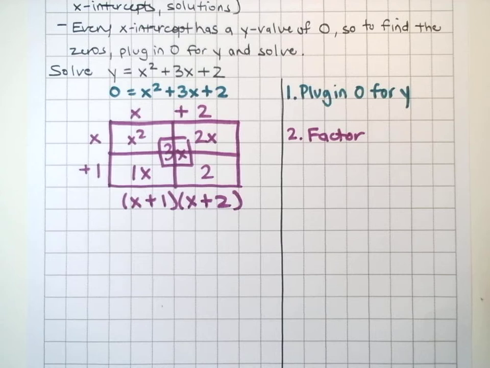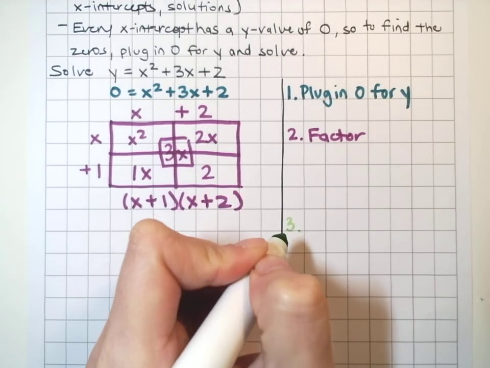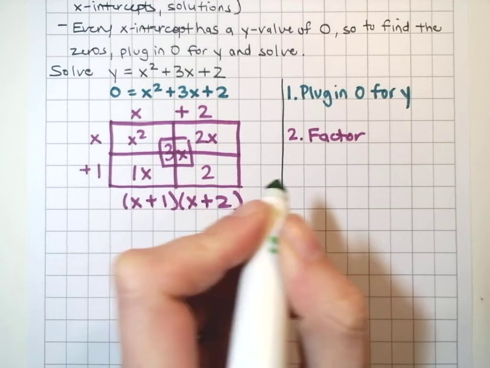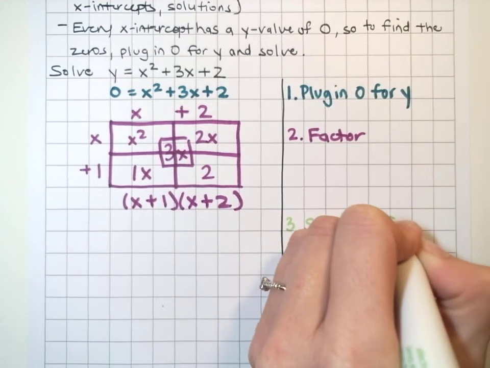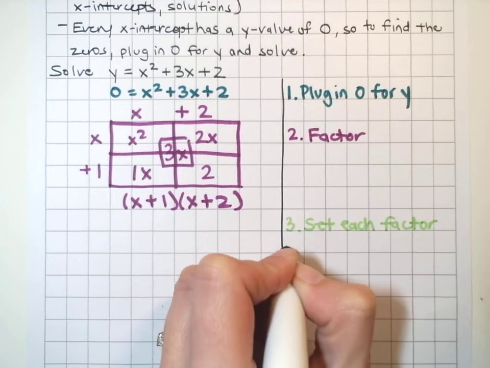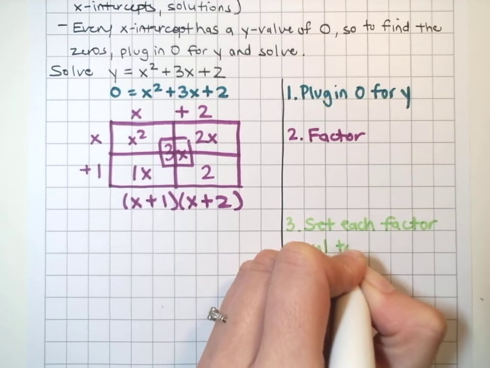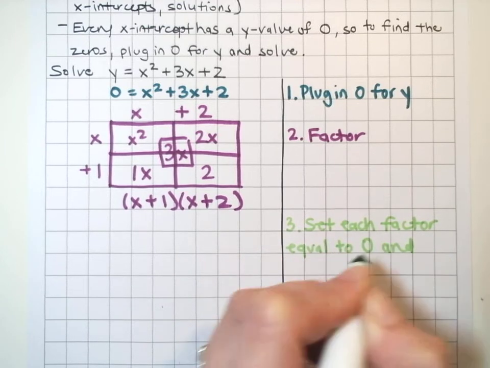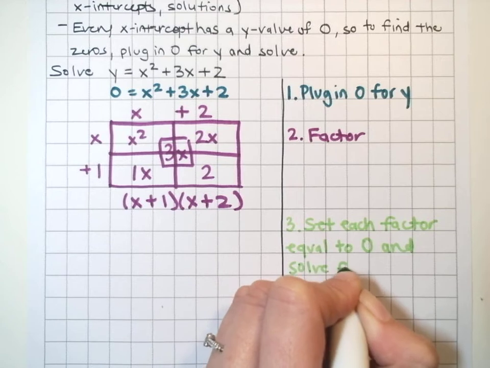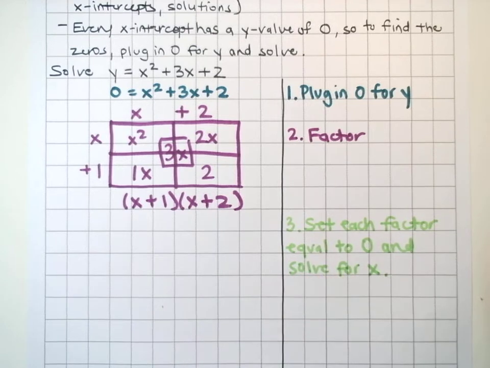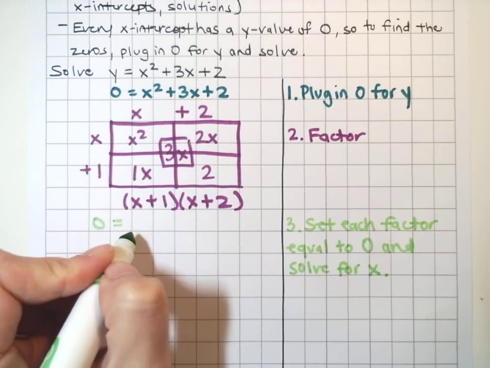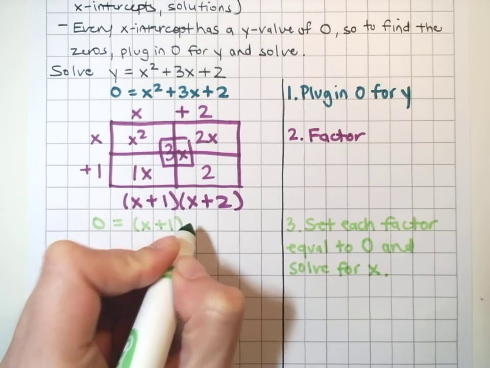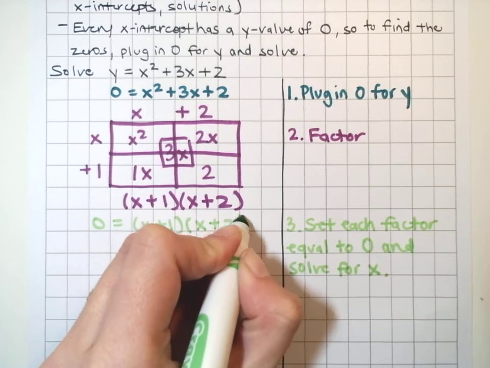So next, we are going to set each factor equal to 0 and solve for x, because we know that 0 equals x plus 1 times x plus 2.